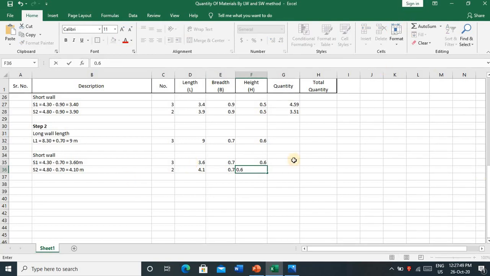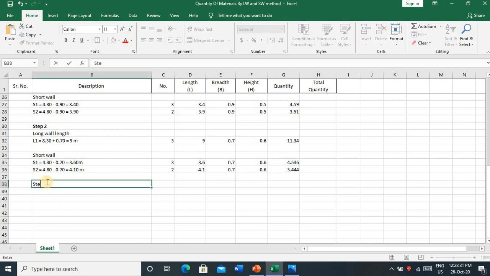So the total quantities are: first, 3 into 9 into 0.7 into 0.6, 11.34. Here instead of 9 you need to take 3.6, 4.536, and 3.444.